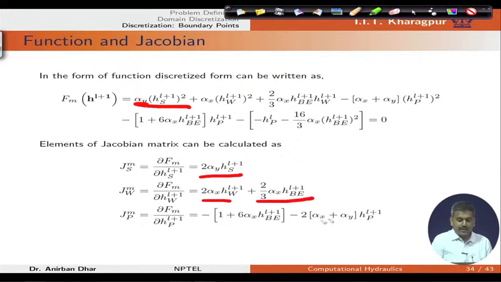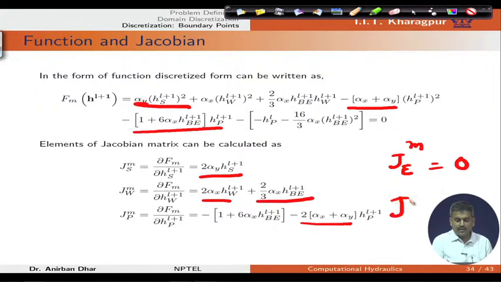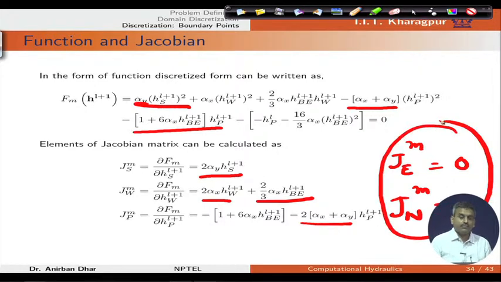This is J P and this is 1 plus 6 alpha x B, this is directly coming from here, and this is 2 alpha x plus alpha y, this is the term that is coming from here. Now, we do not have any J E M, that means this is 0, then J N M, this is again 0. These two terms are 0 terms.